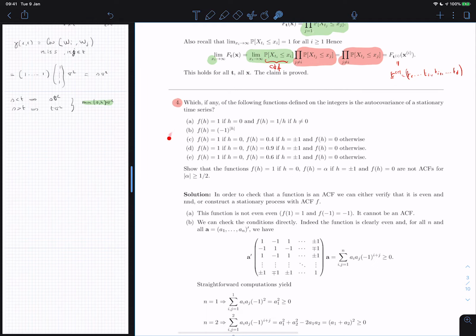So you might remember from the course notes, if I give you a stochastic process, its covariance function is even and non-negative definite. And the reverse question is, when is a function defined on the integers a covariance function of a stochastic process?